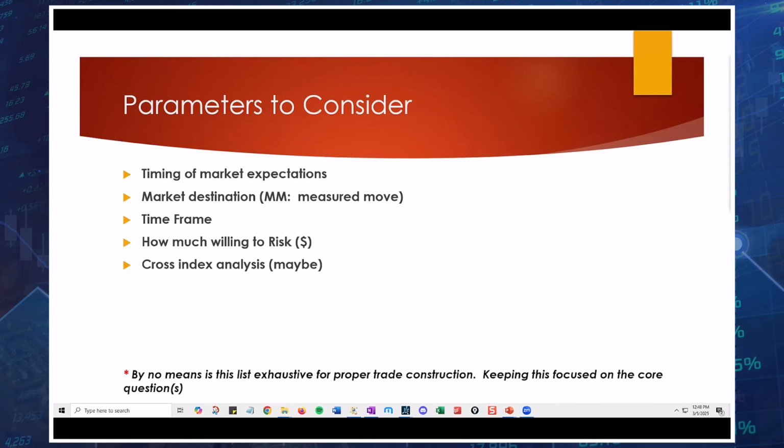So the way I'm going to show you three examples is, I'm not going through this list and confining myself to an answer. I'm considering all these things.